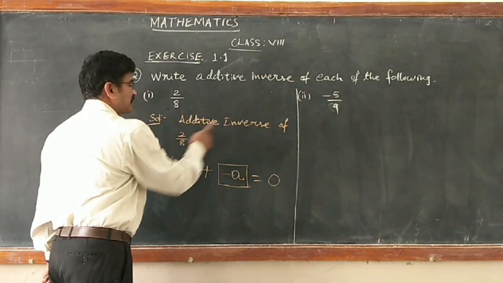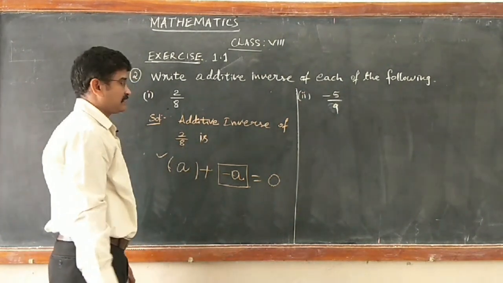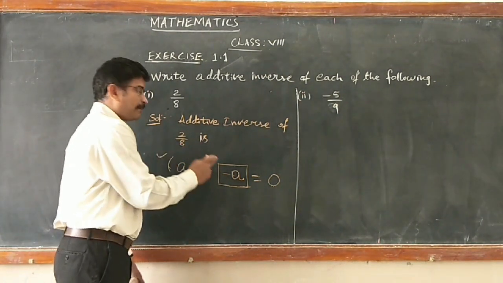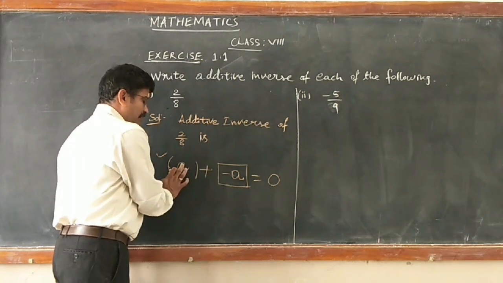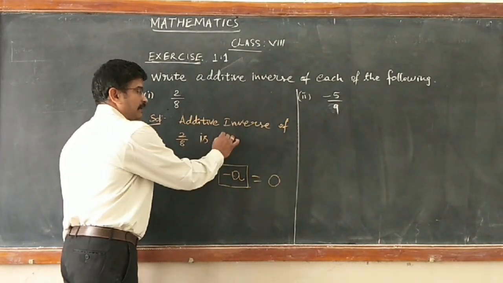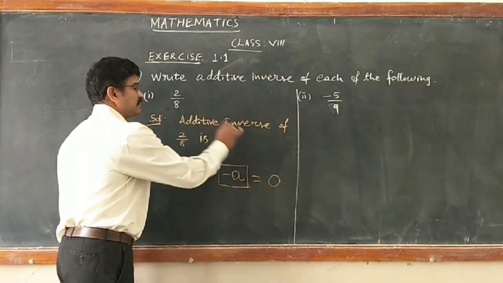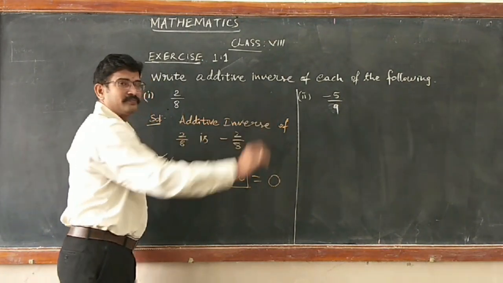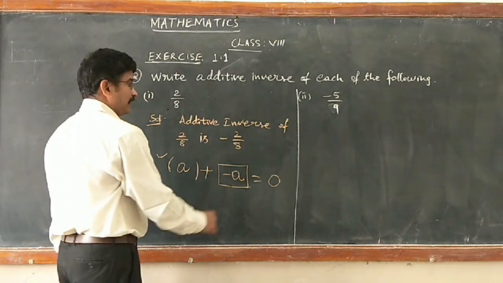Here, the additive inverse of 2 by 8 is obviously putting a minus sign in front of that number. That means minus this same number. That's it. Why?